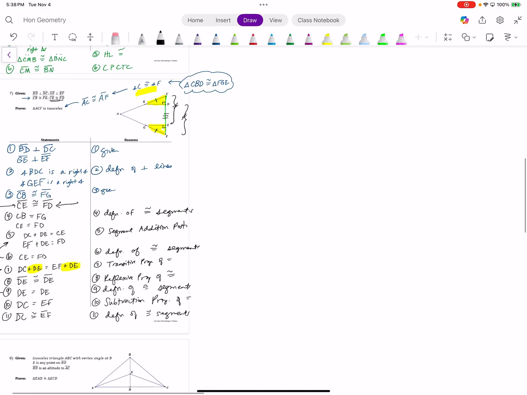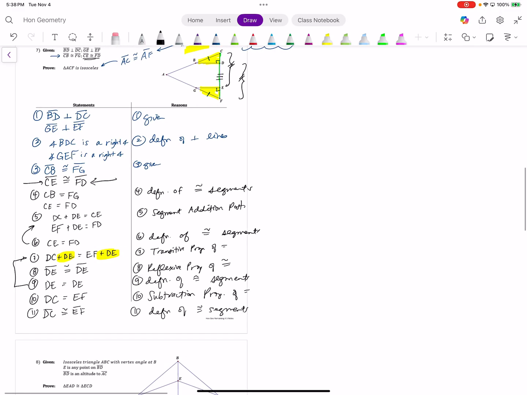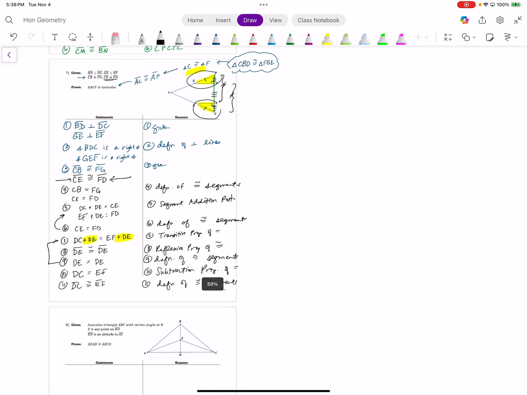We got a lot going on right here. So now I can mark this side: 1, 2, 3, 4. 1, 2, 3, 4. That's congruent to this. It's hypotenuse leg.